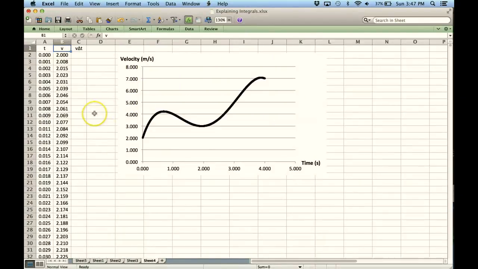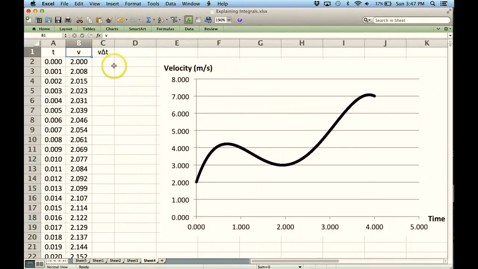Okay, final example. We can get even better by using an even smaller interval, delta t. I'm going to calculate the distance during this first 0.001 seconds. I assume we move at the constant 2. The time interval that we're traveling is 0.001 seconds, and I calculate my distance.